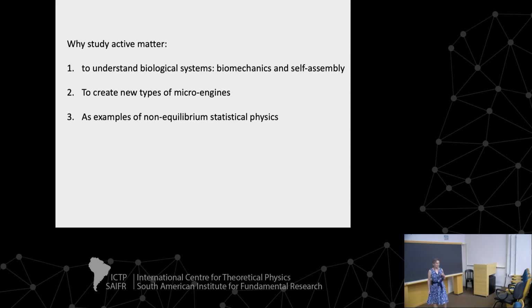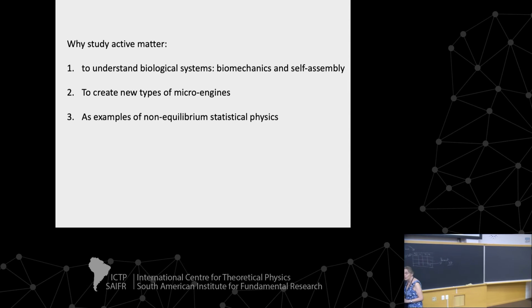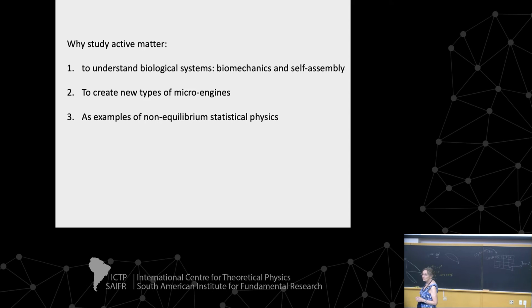From a technological point of view, the cell is an amazing engine. Can we exploit the ideas that you have in biology to create and design better engines? And then very much following on from Ralph's talk, this is non-equilibrium statistical physics. These are experimental systems which allow us to test the ideas of non-equilibrium statistical physics. Okay, so that was sort of the party political broadcast on behalf of active matter.